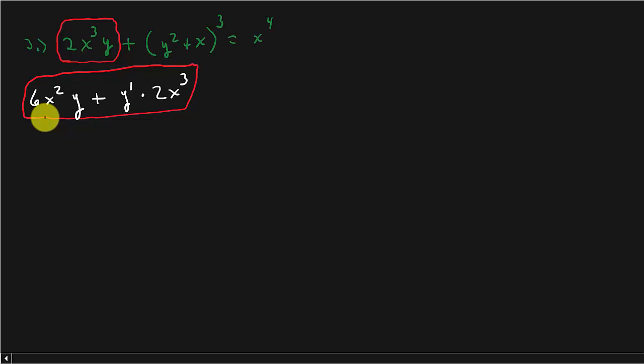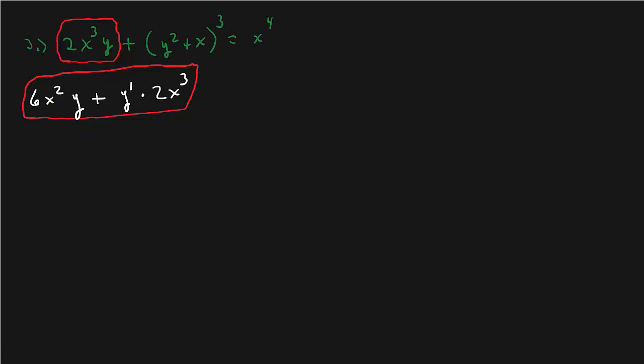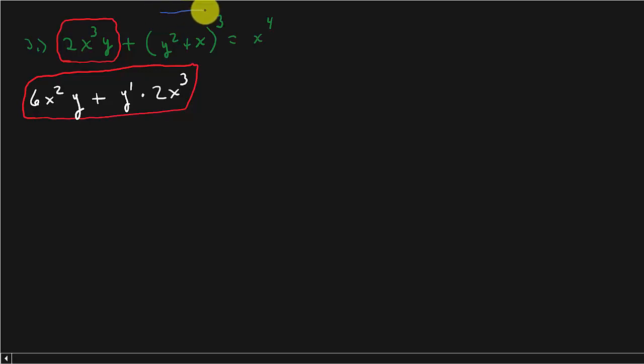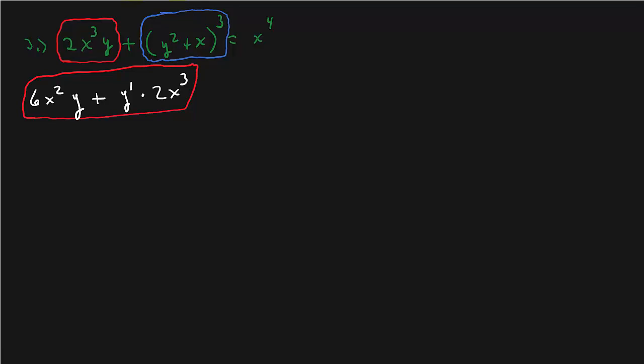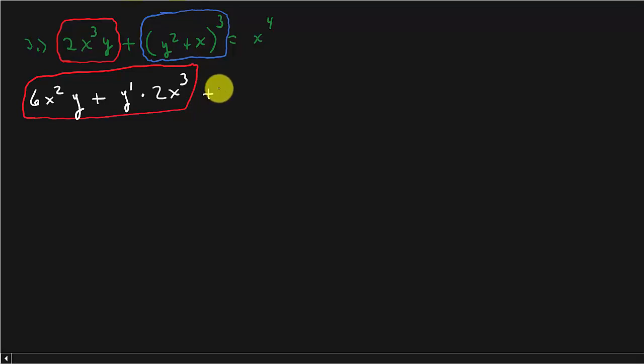All right. Now, look at this one. That's chain rule, right? We've got something in parentheses raised to a power. So we've got plus, so the 3 comes down. Subtract 1 from the exponent.